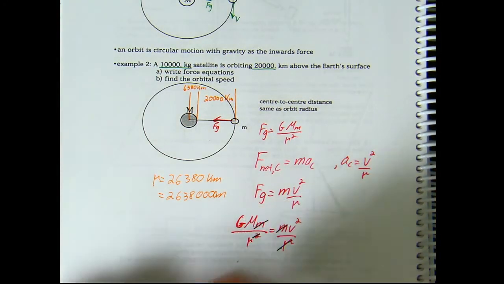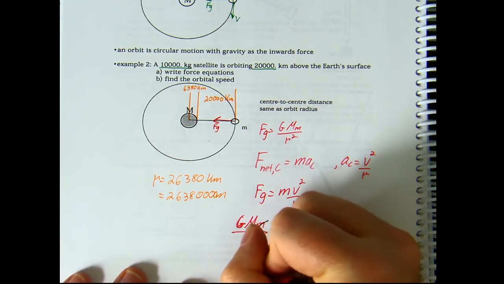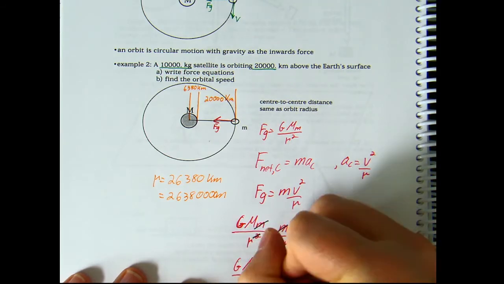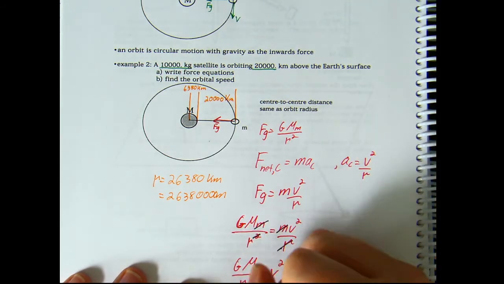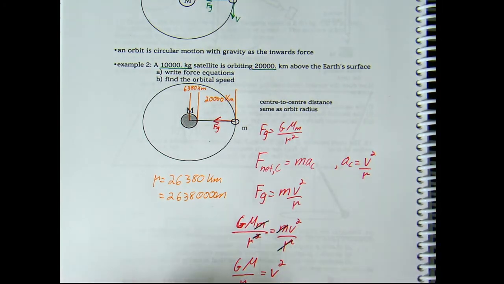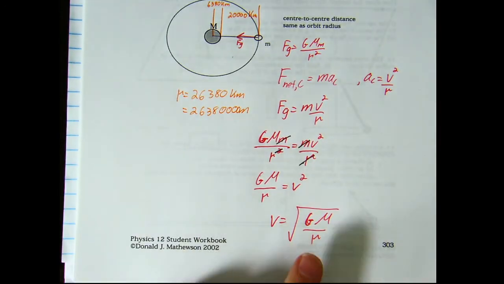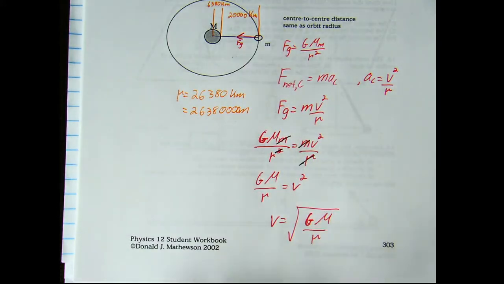And so what we're going to get here is that GM over r equals v squared. So v equals the square root of GM over r. And now we can plug in some values here to figure out what the orbital speed of this object actually is.